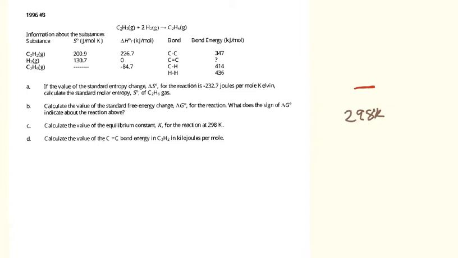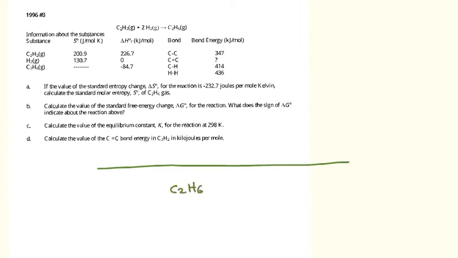Here's the work. I'm doing products minus reactants. For C2H6, the coefficient in the balanced equation is 1 times its delta H. Then we're doing hydrogen, and its delta H of formation is 0. Then C2H2, whose balanced equation has a 1, and its delta H of formation is 226.